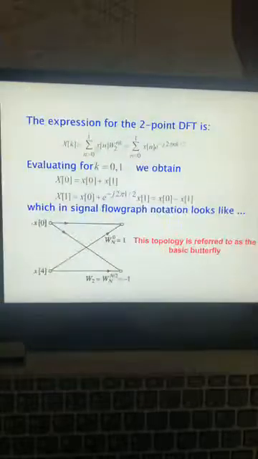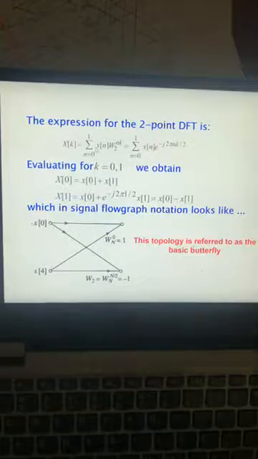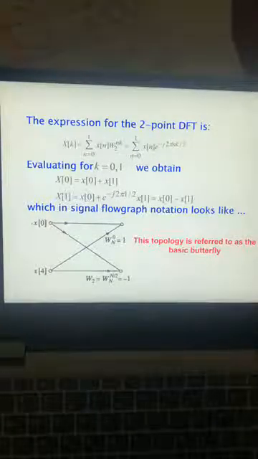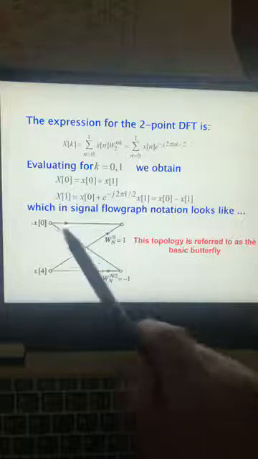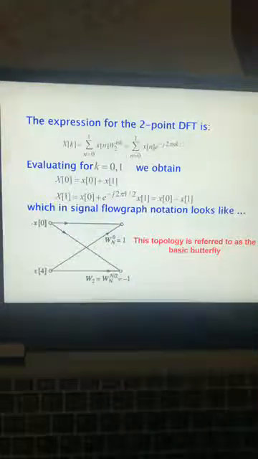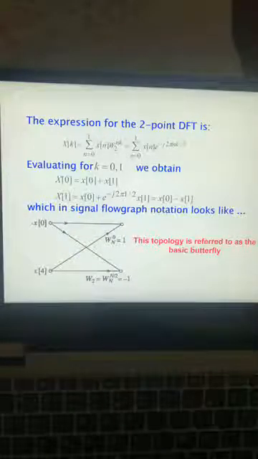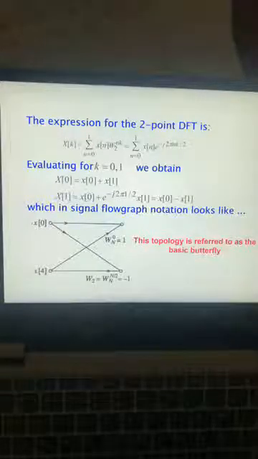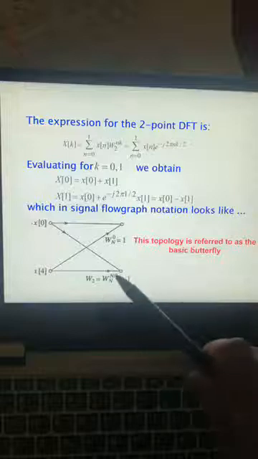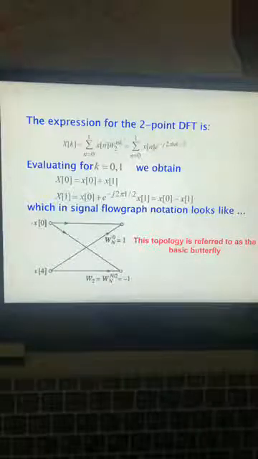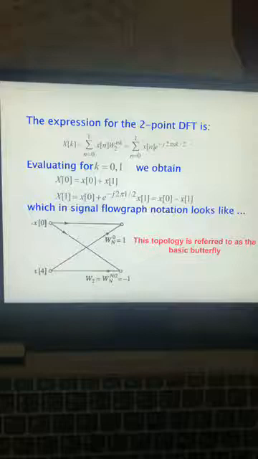All you are doing in FFT is, after splitting your samples, you add 2 and you subtract 2, and that's all. This is all you are doing to compute DFT, and then you only have to combine 2 to 4, 4 to 8, 8 to 16, 16 to 32. But at the end of the day, you are only adding and subtracting to calculate a 2 point DFT.